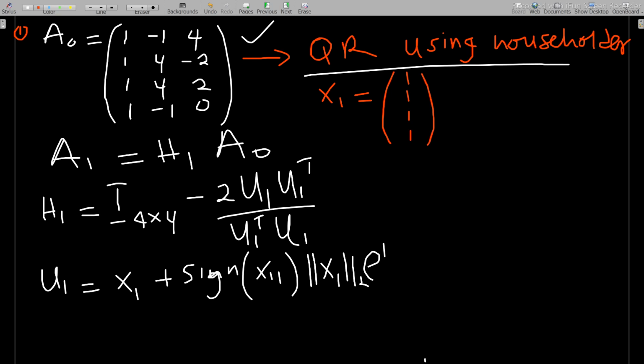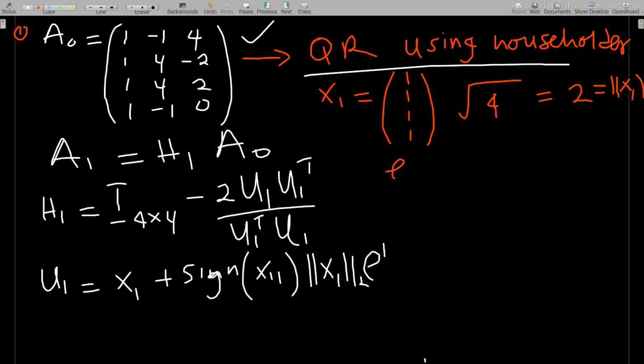Also with this, we are supposed to find the modulus of x1, which is the square root of the summation of everything inside x1, that is the square root of 4, and this will give me 2. So this is equal to the modulus of x1.